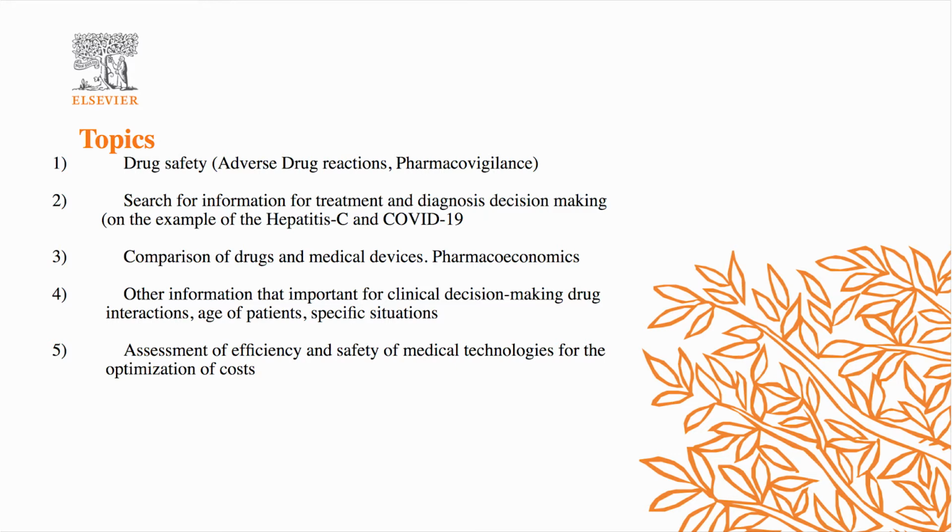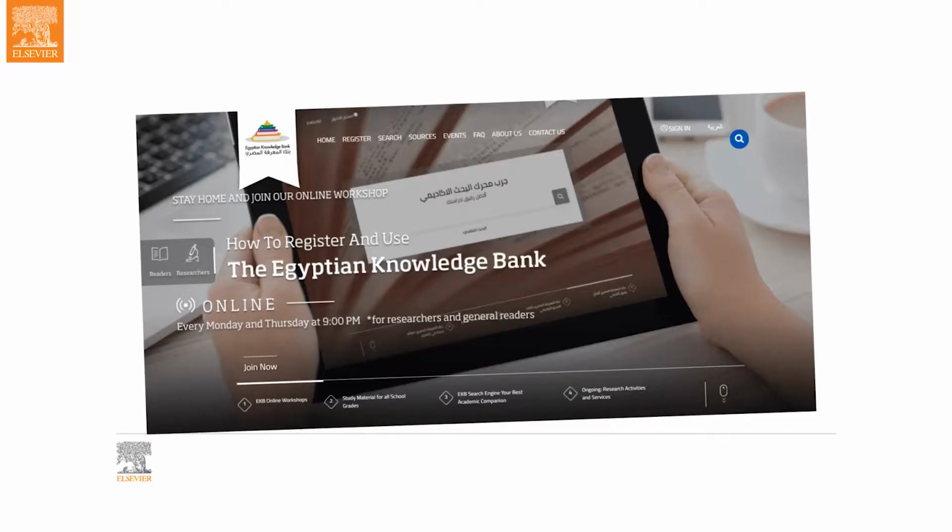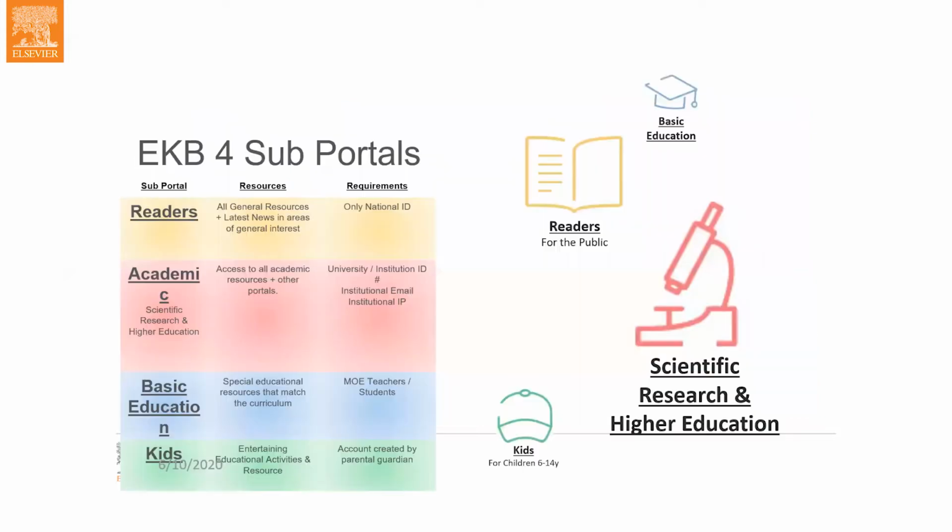The name of it is Egyptian Knowledge Bank. This special portal gives access to all Elsevier resources like Embase, Reaxys, Scopus, SciVal, and other resources available on this portal.